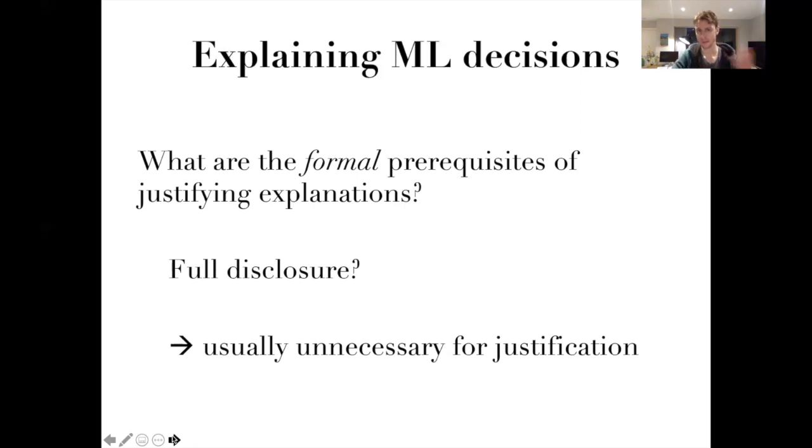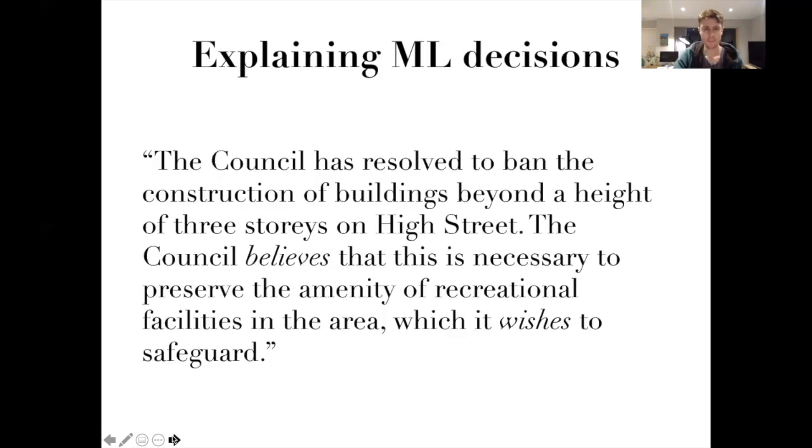So here's a toy example. A local council might explain itself in the following way. The council has resolved to ban the construction of buildings beyond a height of 3 stories on High Street. The council believes that this is necessary to preserve the amenity of recreational facilities which it wishes to safeguard. Now you can see here how beliefs and desires are framing the explanation.